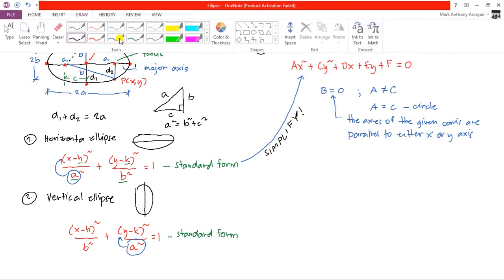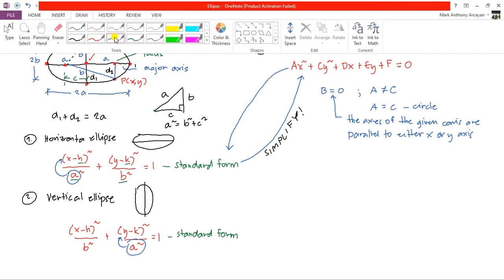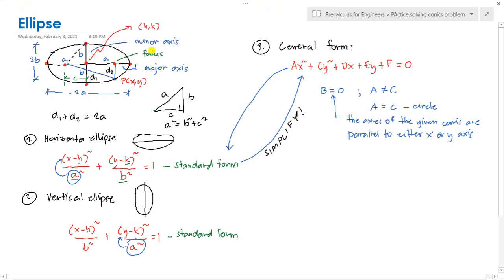However, if you are going to convert the general form of the ellipse equation into standard form, medyo kanang involve siya calculation. So, ang pinaka-essence ra dira is you're going to perform what is known as completing the square.